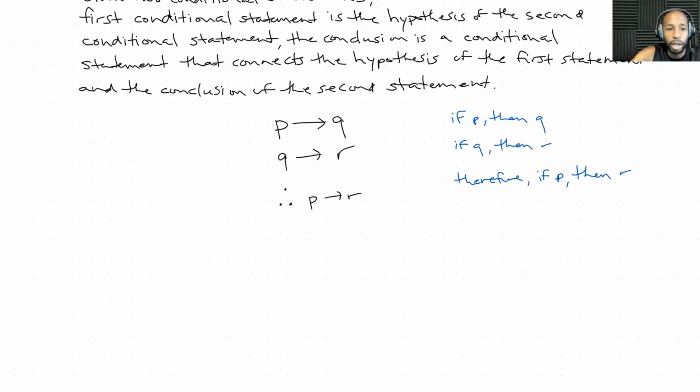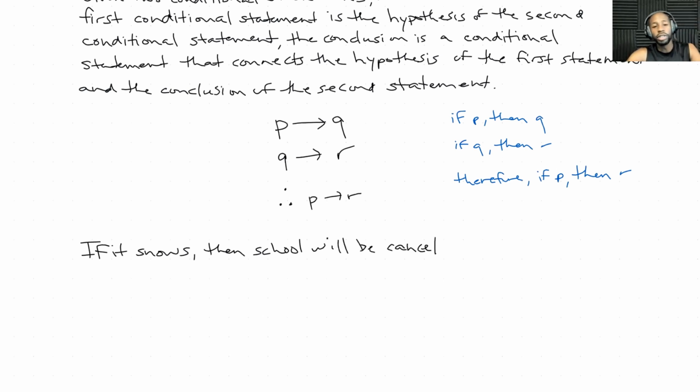All right, so let's go back to our black coloring here. So, if it snows, then school will be canceled. Okay, so this is a conditional statement here. Conditional statement number one.